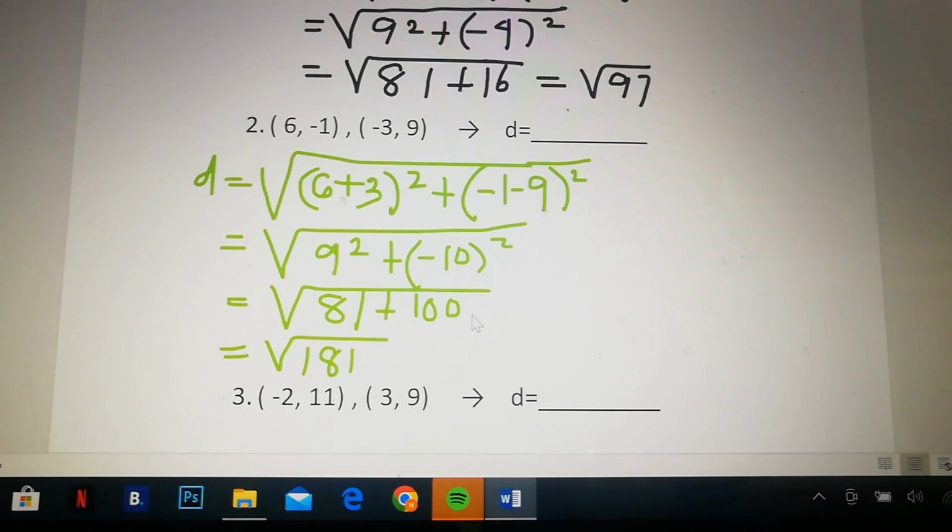So already simplified. So our answer is square root of 181.